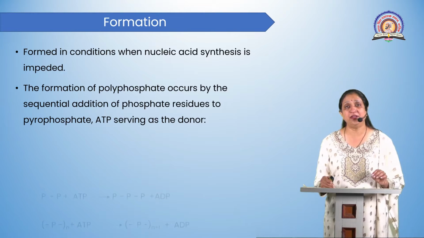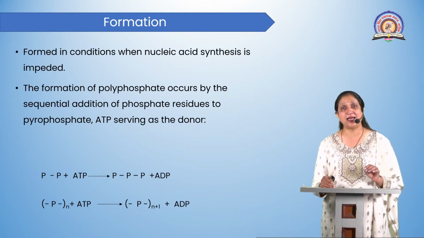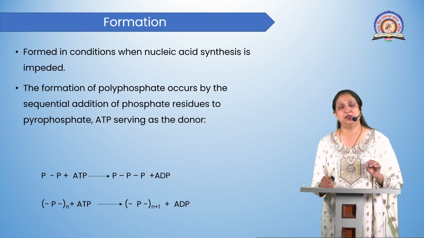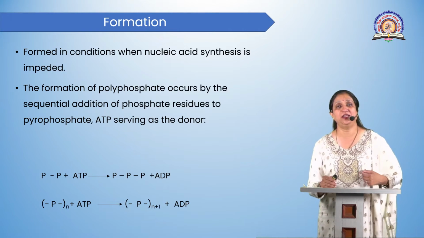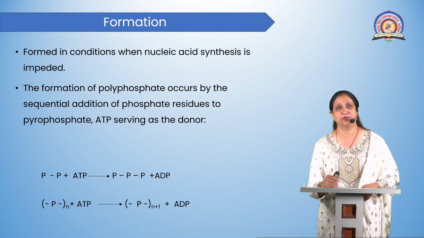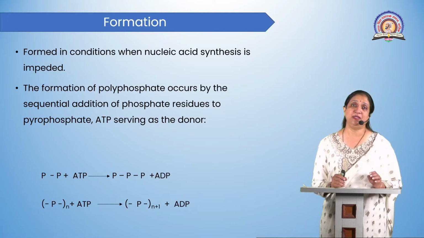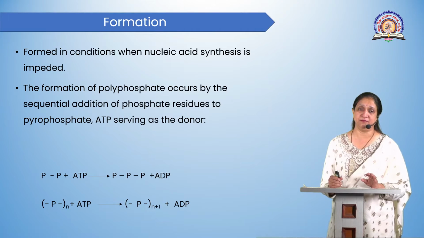Right? So, for every phosphate that has been attached in the structure of the metachromatic granule, one molecule of ATP is utilized. Right? And therefore, ATP acts as the donor of the phosphate.